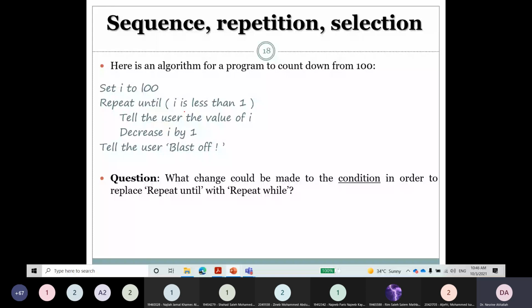Here strictly greater than 0, here greater or equal to 1.